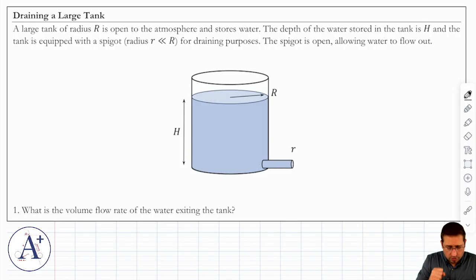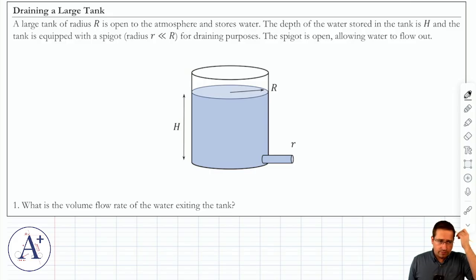And we're told that the spigot has a radius little r that is very, very small in front of big R. This is very common. You typically have an opening with an area that's very small compared to the other area involved. Now we need to talk about what those areas are and what that means, but let's first start by drawing out what happens in a scenario like this.